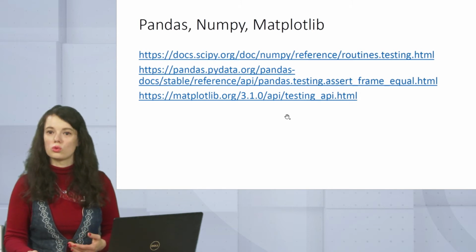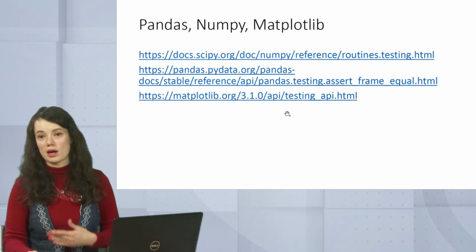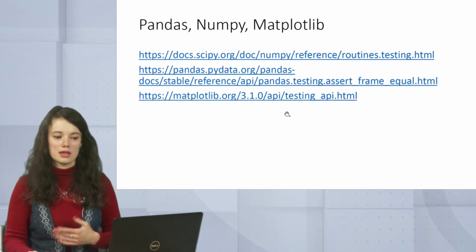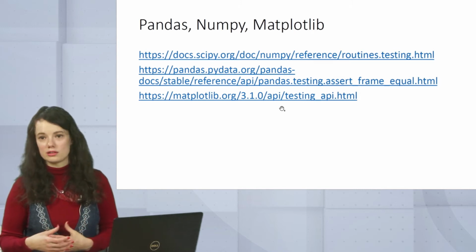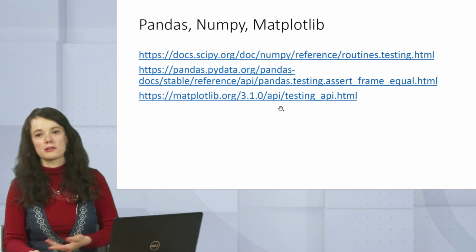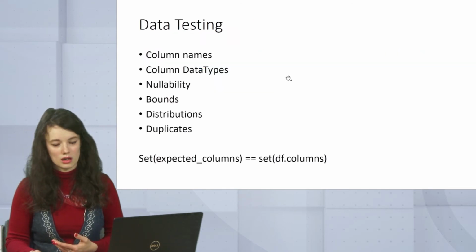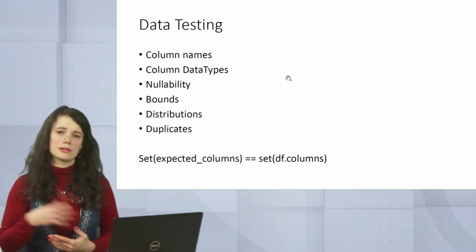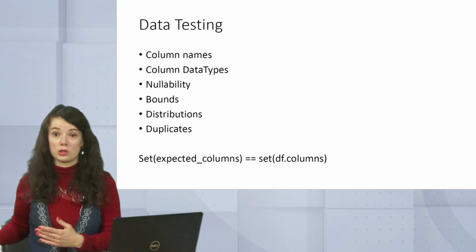Next, we'll move to very well-known libraries, Pandas, NumPy, and Matplotlib. They have all three in common one thing, testing. They have modules for testing. I'll show it later in examples. There are other types of testing different than just ordinary unit testing.